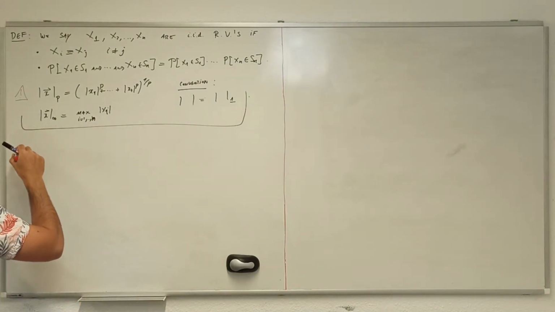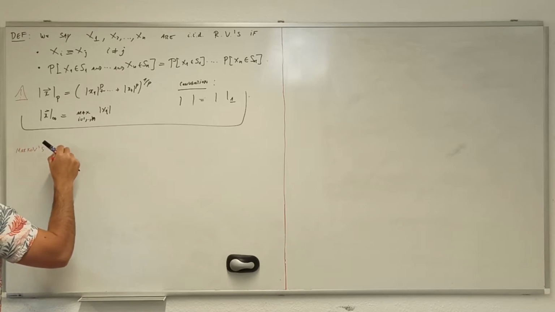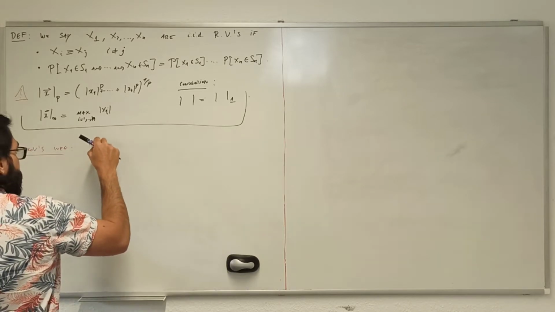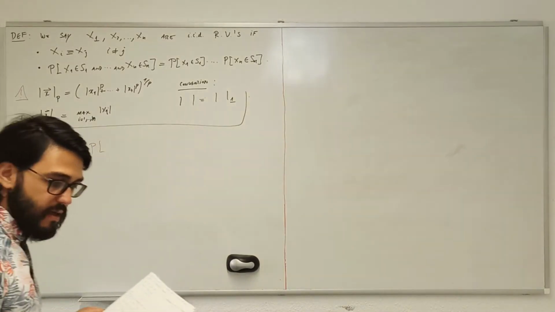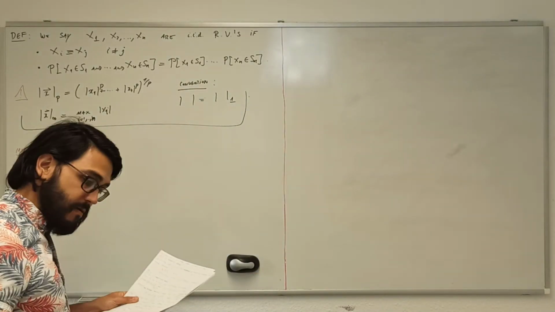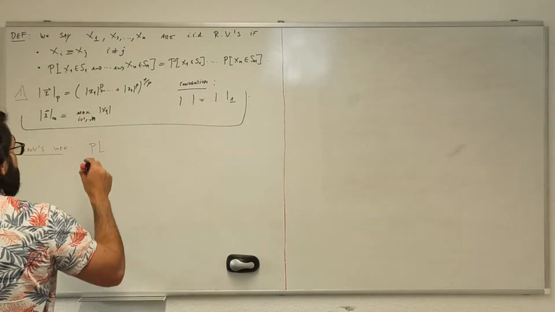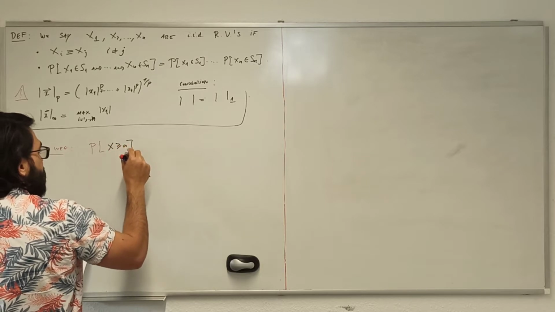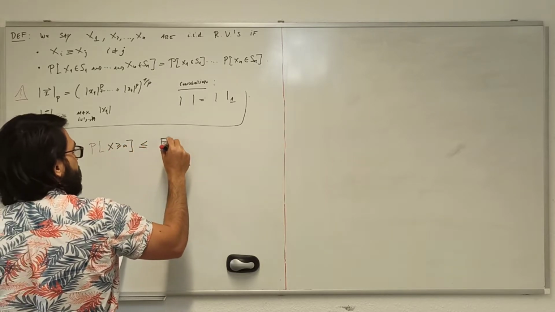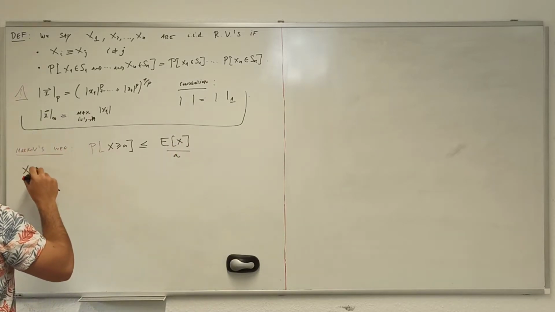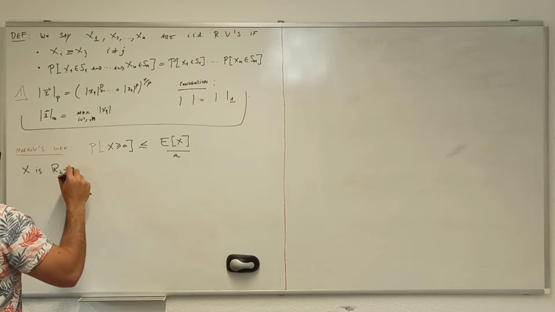So for instance, we have Markov's inequality, or Markov's bound, which says the probability of x being greater or equal than a is less or equal than the expectation of x divided by a. And there is a typo here in my notes. Let's assume that x is R plus valued.